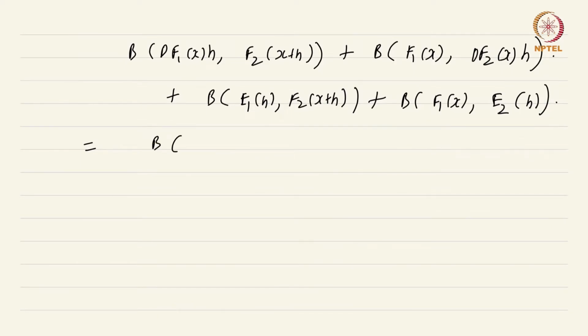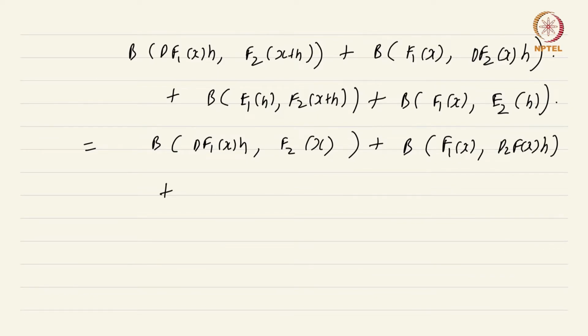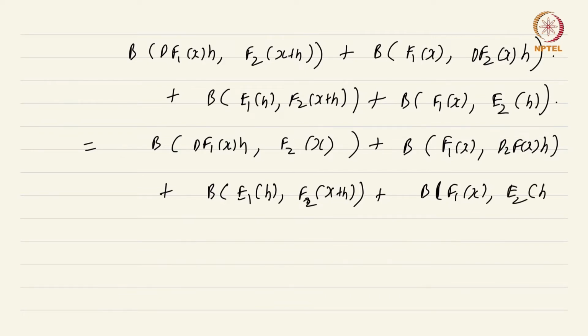You can check that this is nothing but b of (df1(x)h, f2(x+h)) minus f2(x), plus b of (f1(x), d f2(x)h) plus b of (e1(h), f2(x+h)) plus b of (f1(x), e2(h)) minus b of (df1(x)h, f2(x+h) minus f(x)).